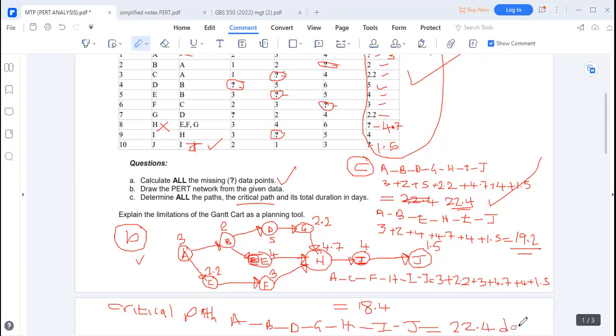So this is about what we are saying on this part C of the problem.